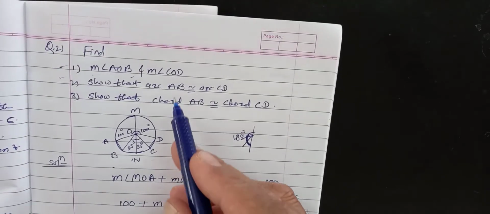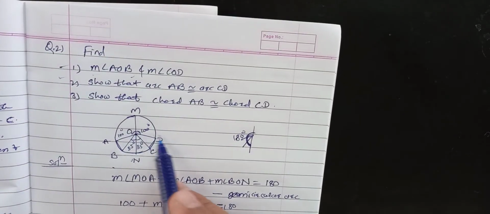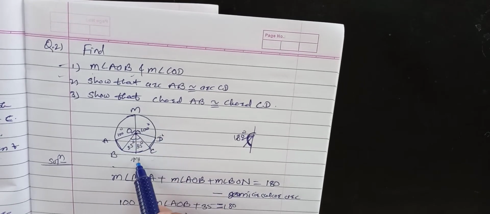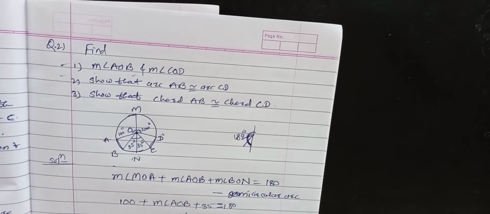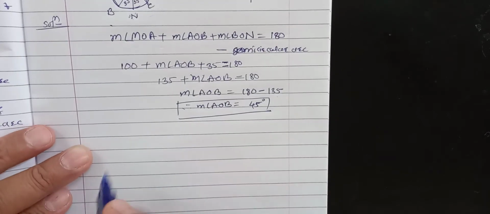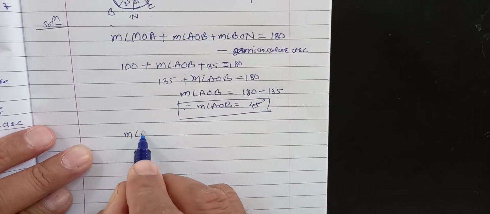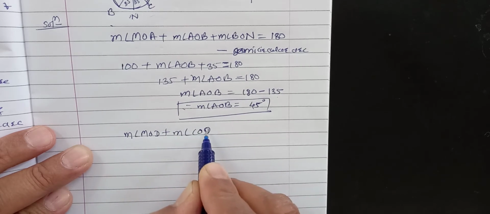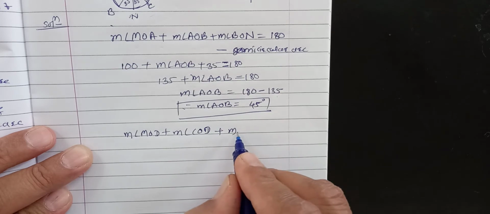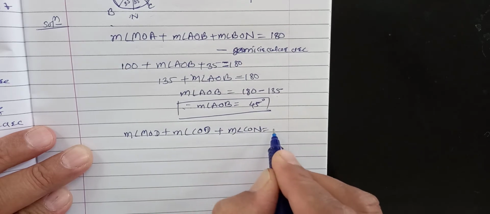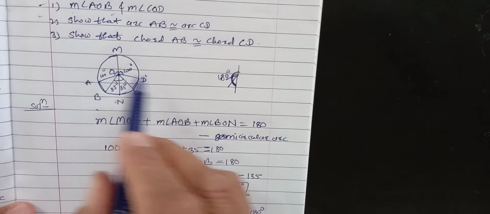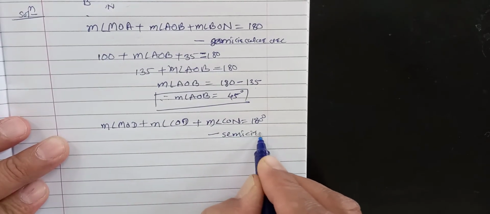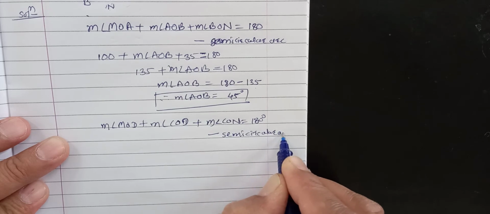Similarly, which one do we have to find now? COD, on this side. So can we take MOD plus COD plus LOC? This is 180, the same. So measure of angle MOD plus measure of angle COD, which we have to find, plus measure of angle CON is also 180. This side part is also a semicircle.